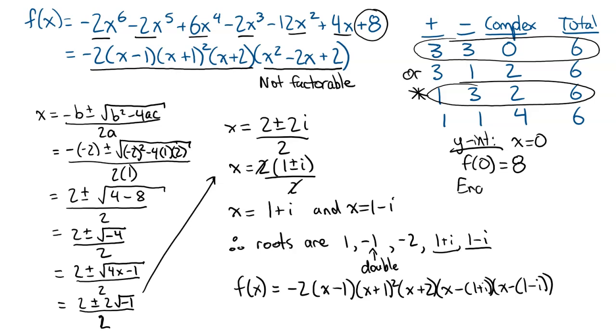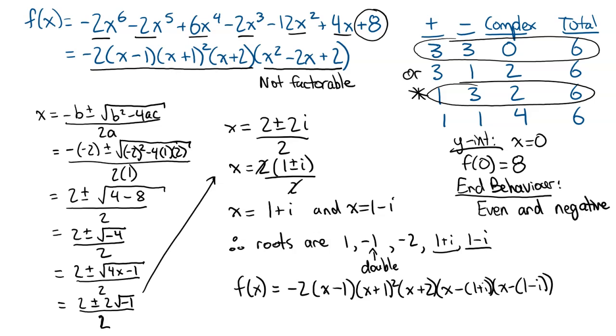The other thing we want to consider is the end behavior. And so the first thing to note here is that it is an even function. And so because it is even, it is starting on the top to the top or bottom to the bottom. And the other thing to note is not only is it even, but it also has a negative leading coefficient.